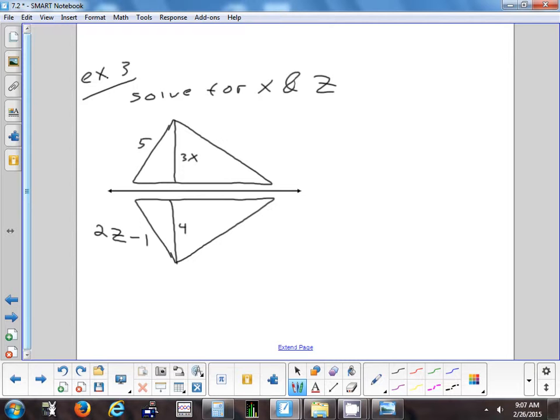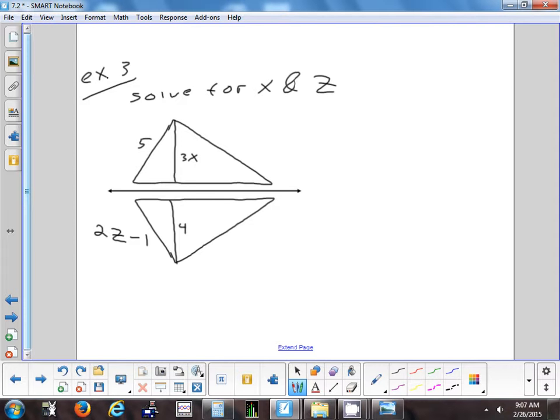Okay, it says solve for x and z. Okay, what kind of transformation have I done here? That's a reflection. And anybody remember when you reflect, do lengths change? No, it's an isometry. So can somebody give me an equation to find x?